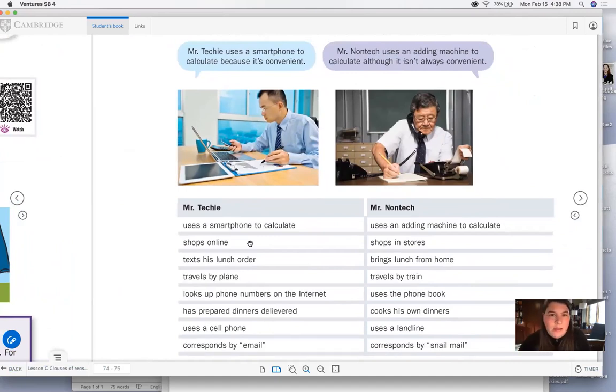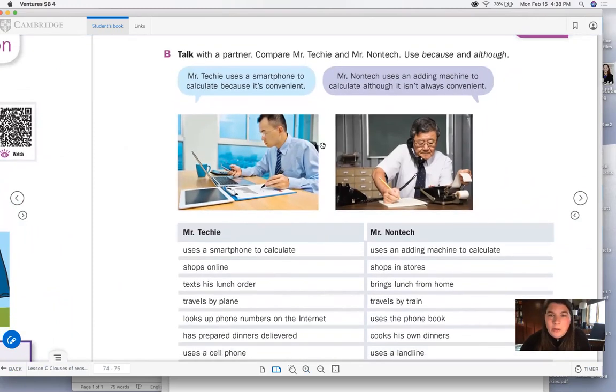She has all the latest technology. And this is Mr. Non-tech, which means no technology. So obviously, Mr. Techie uses all of the technology and Mr. Non-tech does not.